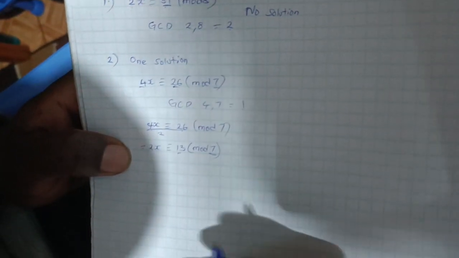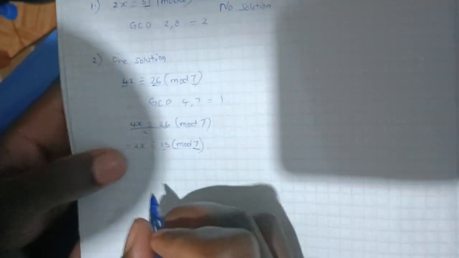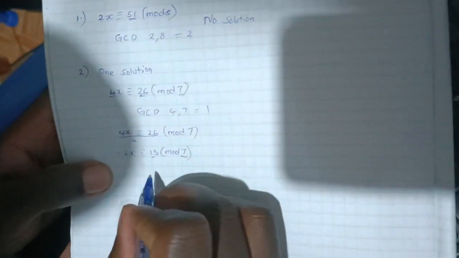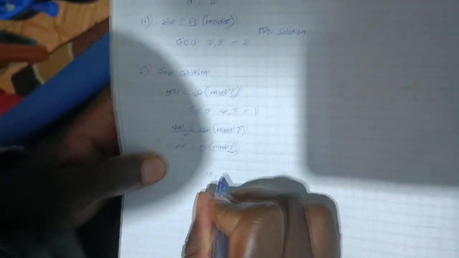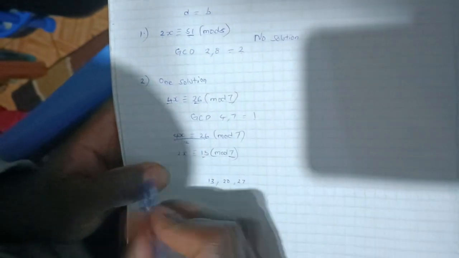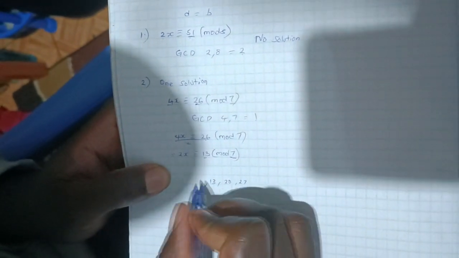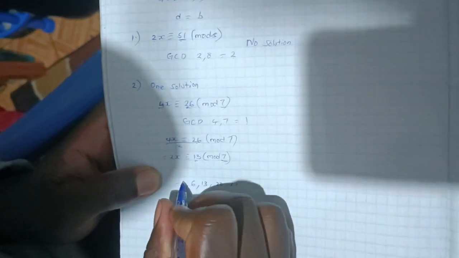We can create a least residue system. Let's say we start with 13 plus 7 we get 20, plus 7 we get 27. On the other side we get 13 minus 7 we get 6, we get minus 1.